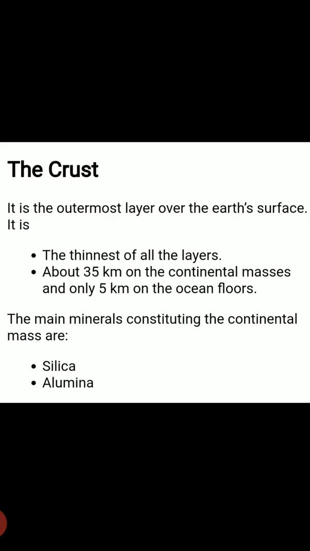If you observe the concentric layers, the continental layer is 35 kilometers deep, and the oceanic layer is 5 kilometers, and these layers are made of silica and alumina.